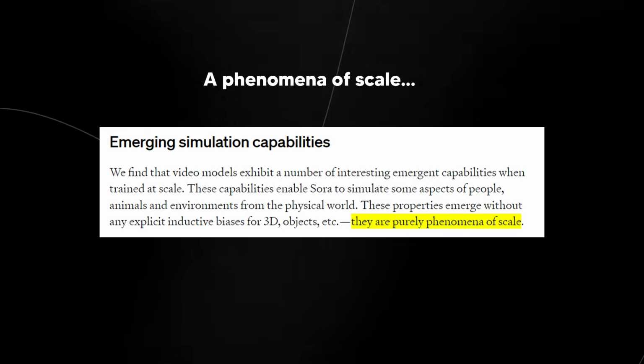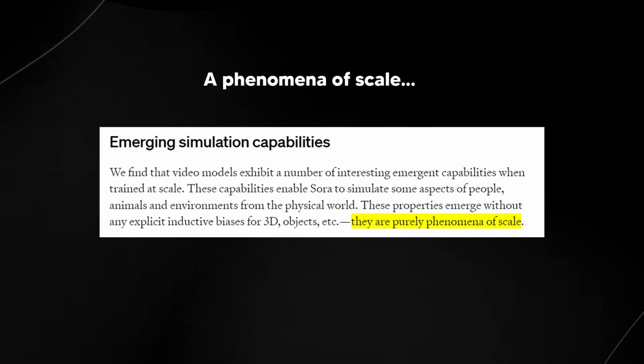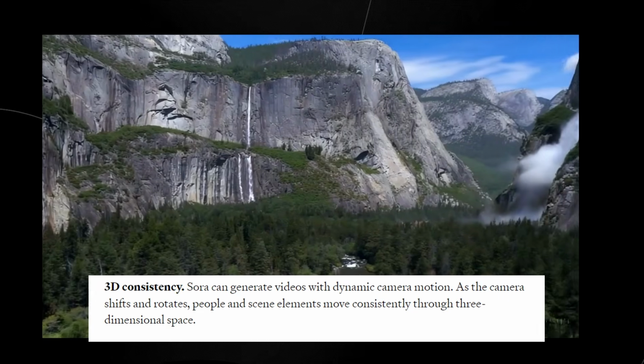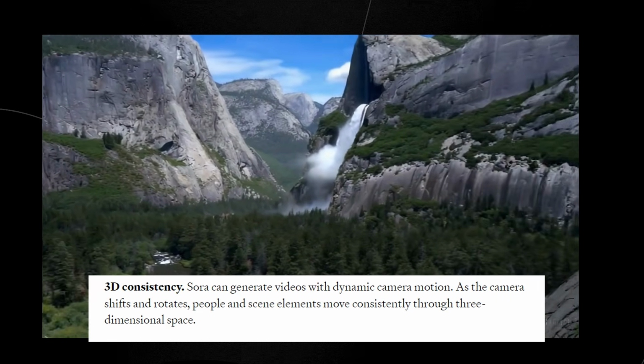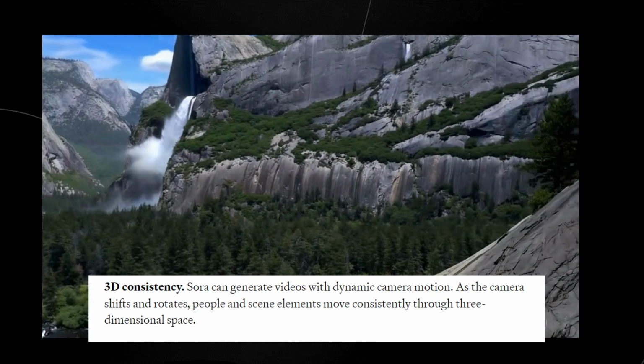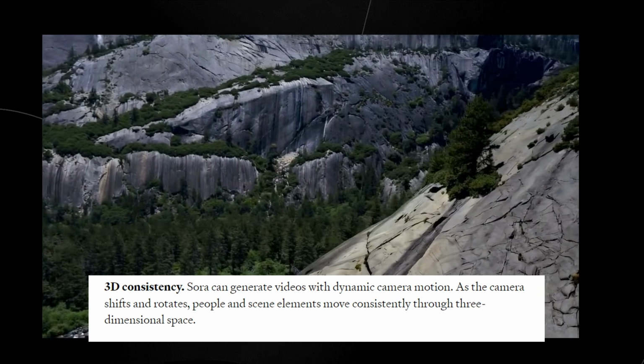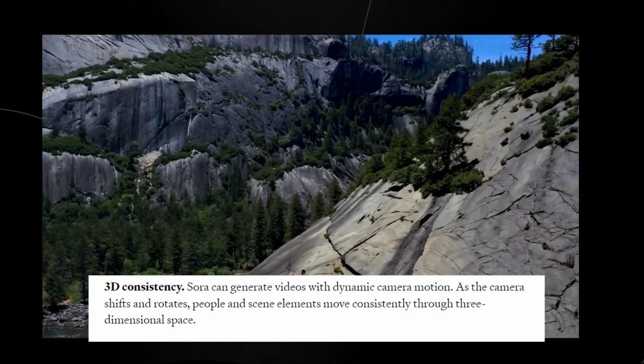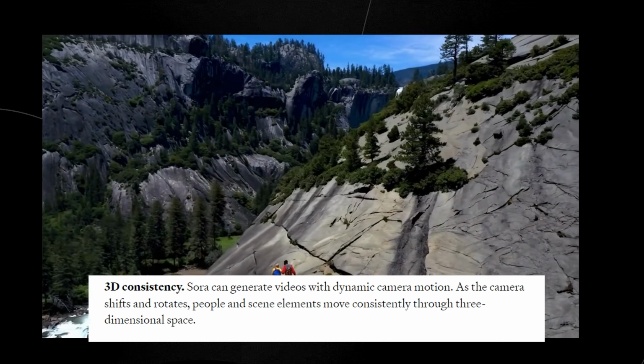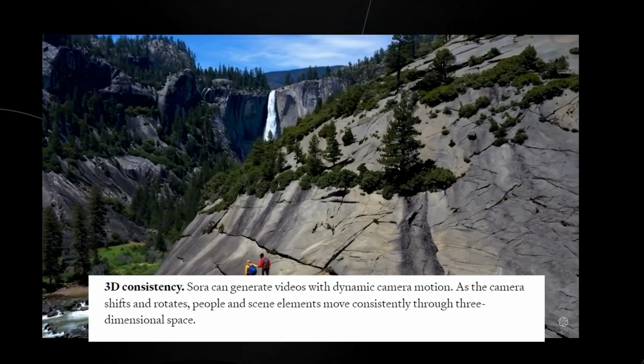And the reason I'm so excited and also a little bit scared is because if this is all we get from scale, in the sense that Sora can generate videos with dynamic camera motion, and as it shifts and rotates, people and elements move consistently through 3-dimensional space, that means that we are going to get to a situation with high fidelity simulation.